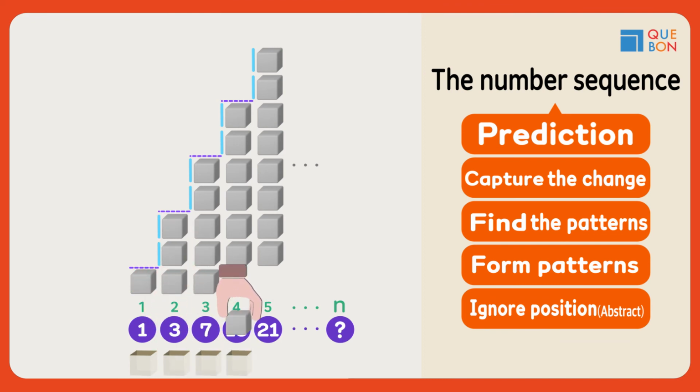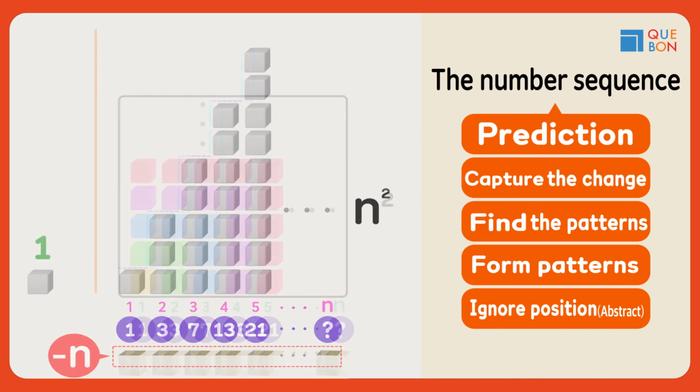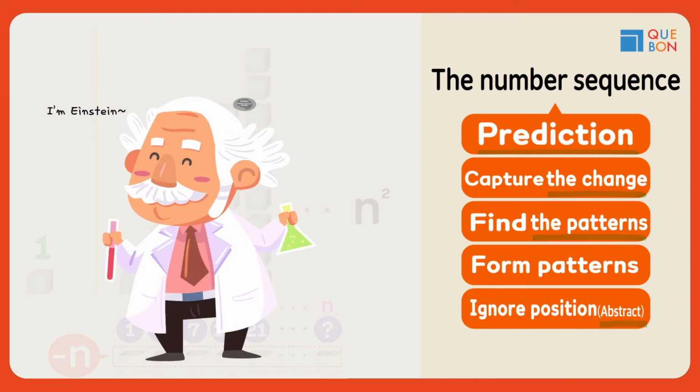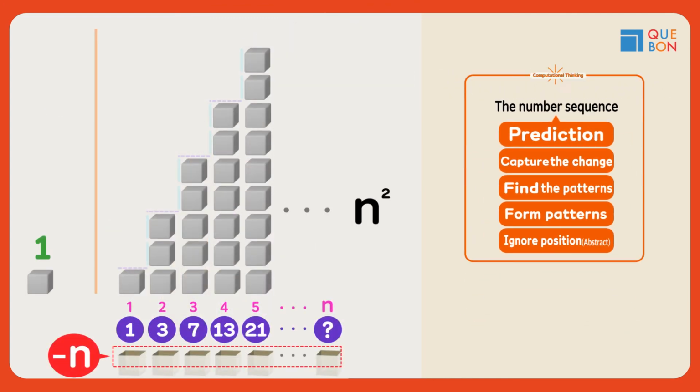By ignoring position, we can move these cubes to the side or borrow it. Also, if the changes increase by 2, the sum is a square. Concepts such as prediction, change, pattern, and making something abstract are characteristics of a genius and the essence of computational thinking.